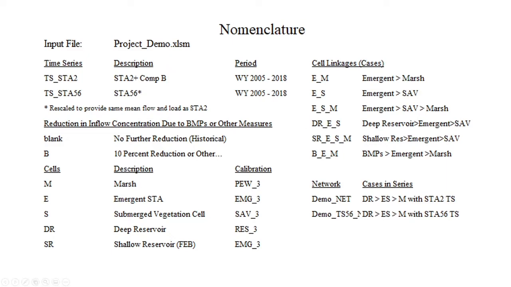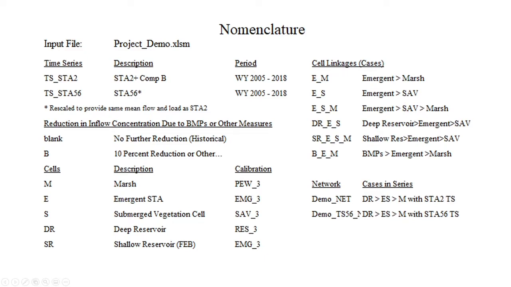And then the cell types are labeled with M for marsh, E for emergent, S for submerged cell, DR for a deep reservoir, and SR for a shallow reservoir. That's basically operated like an emergent STA. So we can put these different cell types in series within each case, and you can see over here the typical STA.